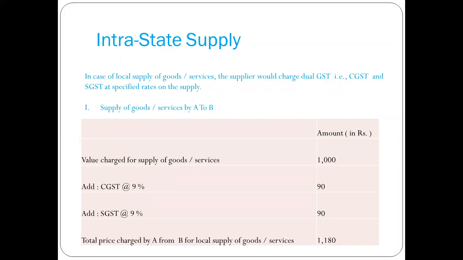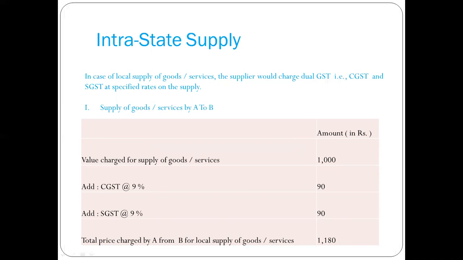In case of local supply of goods or services, the supplier would charge dual GST, that is CGST and SGST, at specified rates on the supply of goods or services by A to B. The value charged for supply of goods or services is 1000 rupees, add CGST at the rate of 9%, that is 90, add SGST at the rate of 9%, that is 90 rupees. Both values are the same.